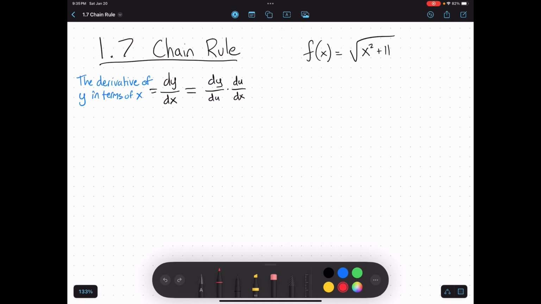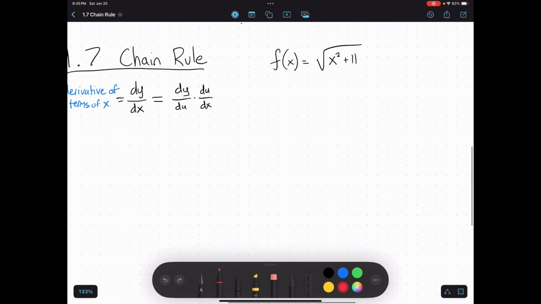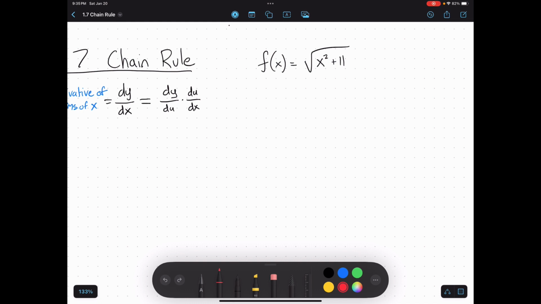So how does it connect to an actual example? Well, this middle variable u that I'm creating, what I'm really doing is taking this inside function, x squared plus 11, and labeling that as u. So we're going to let u equal x squared plus 11.